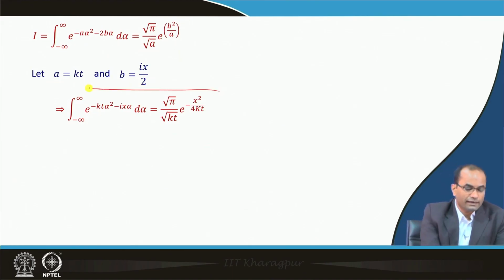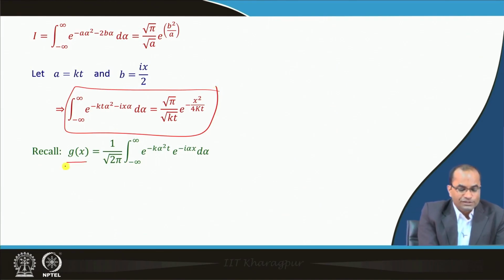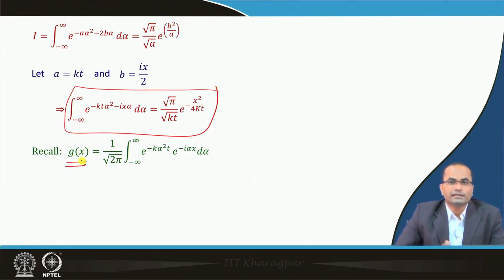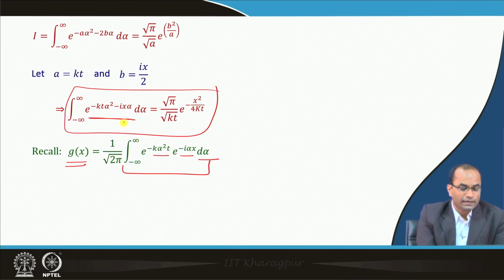So, we have the value of this integral now, and just to recall our g, because first we are getting the g and then we will apply the convolution theorem to get u. So, this g was this integral here, and if we compare with this integral, we are exactly matching with minus k t alpha square, then minus I alpha x d alpha, and so the value of this integral here is square root 2 pi g x, or rather we will substitute this value here now and get g x.